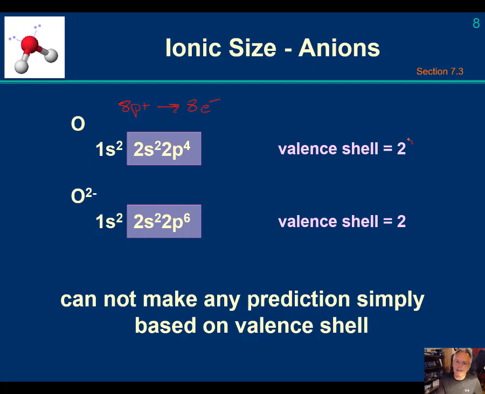It's at the valence shell, n equals 2. We're still at n equals 2, however now we've got an extra 2 electrons. So this is 8 protons having to hold in not 8 electrons, but 10 electrons. Each electron gets a little bit less love from that positively charged nucleus.